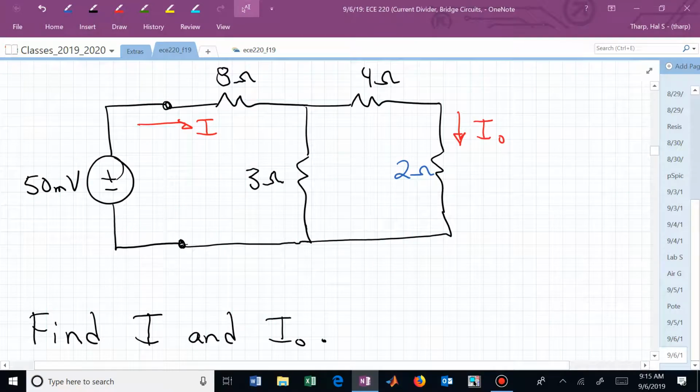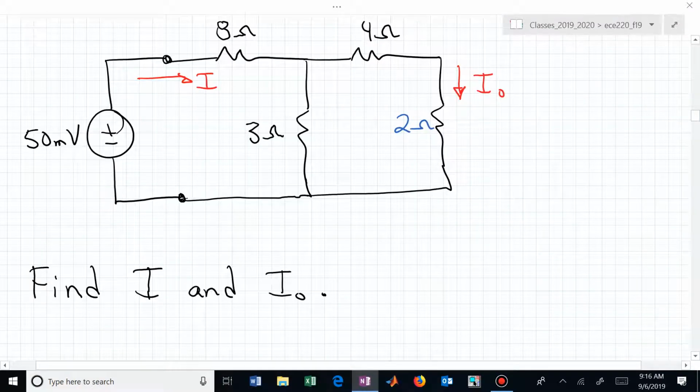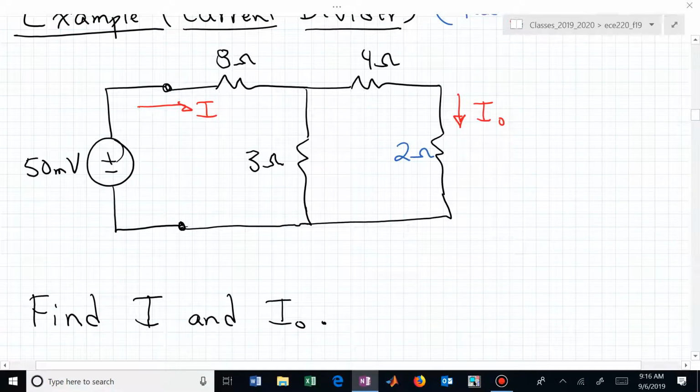What is the equivalent resistance presented to that voltage source? Do you see immediately that you could combine those two in series?